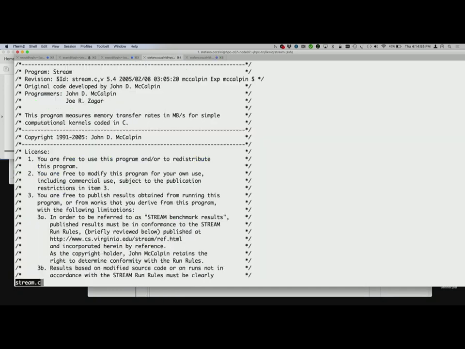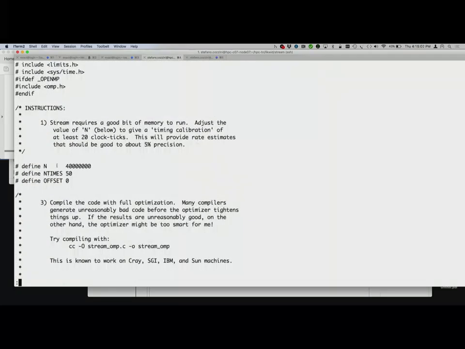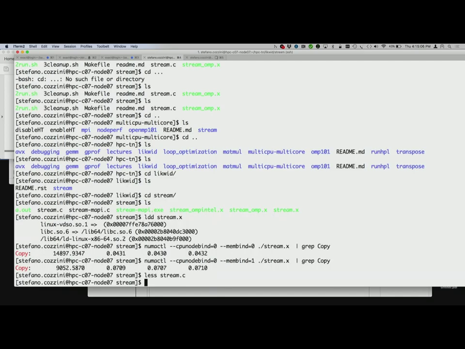In any case, to avoid any trouble, let's look at the stream size that we have here. That is this. And let's now go to the other place.